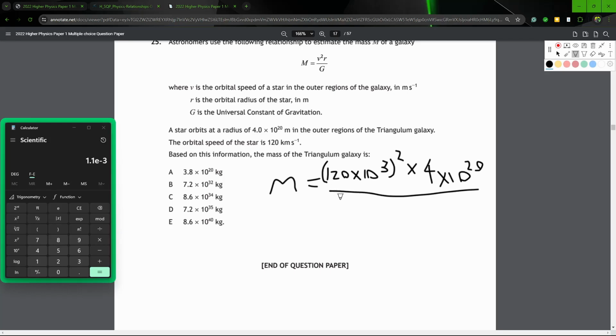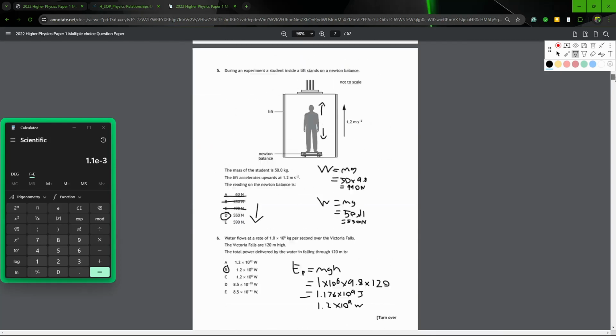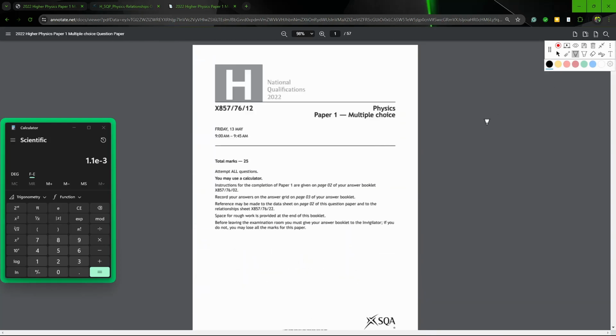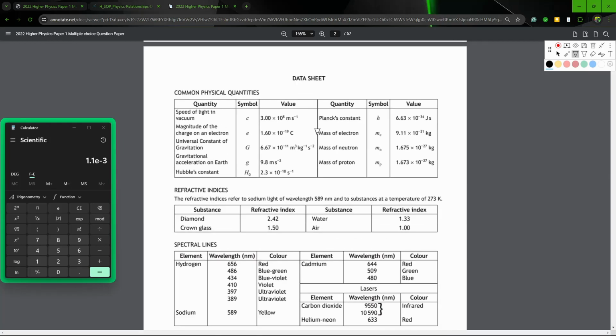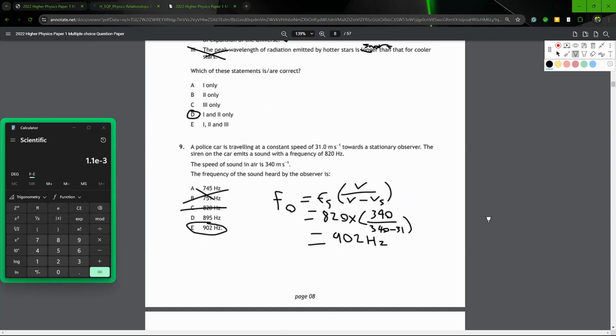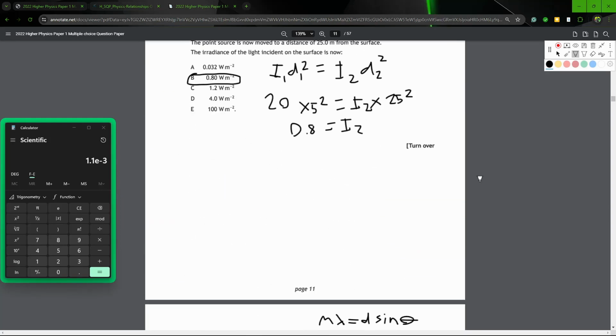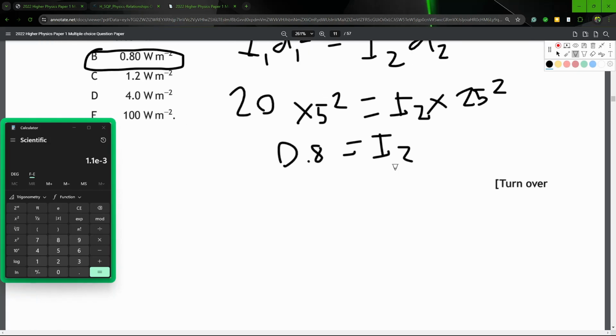And then the universal constant of gravitation. And remember when I mentioned that data booklet all those years ago? Well, this is where we want to go. The universal constant of gravitation is 6.67 times 10 to the minus 11 meters cubed per kilogram per second squared, or whatever. So it's 6.7 times 10 to the minus 18, right?